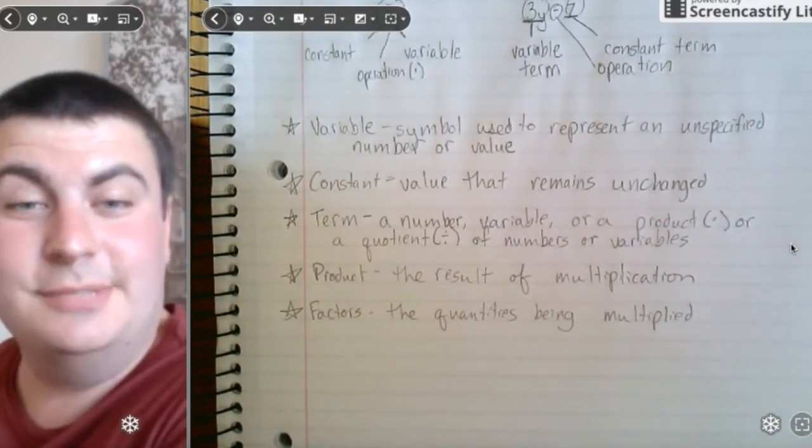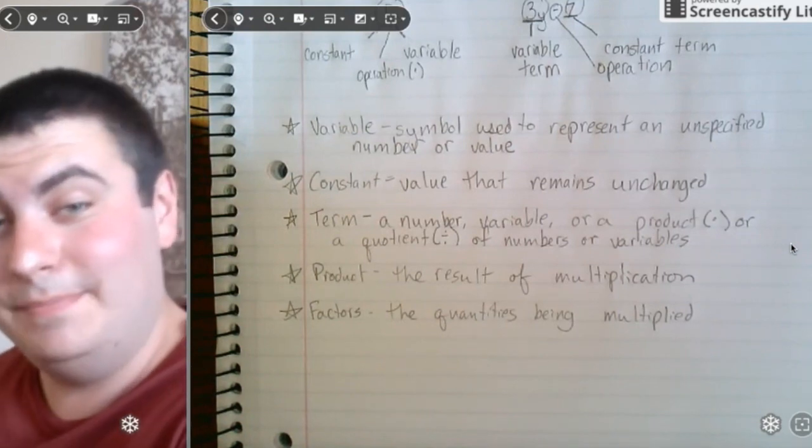So products being the result of multiplication, factors being the quantities multiplied.